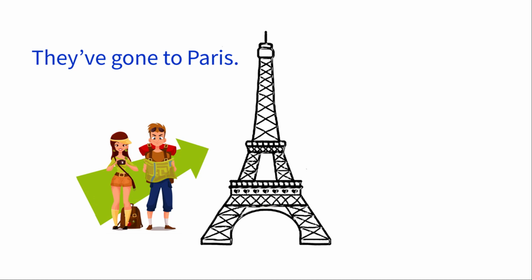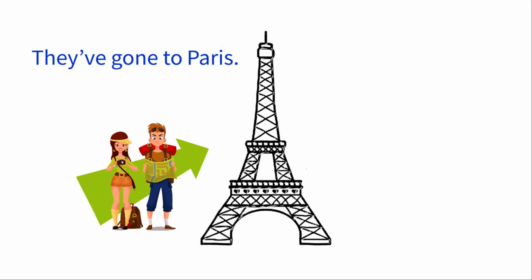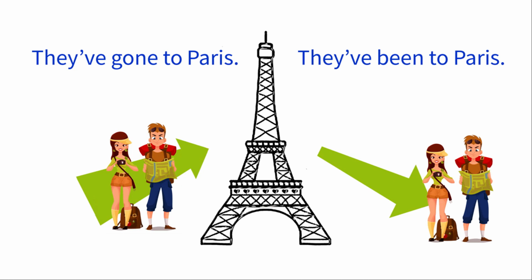That means they're either traveling to Paris or they're actually in Paris right now. They're visiting Paris. However, when the visit has finished, we'll say they've been to Paris. Do you see the difference? They've gone to Paris. They've been to Paris.